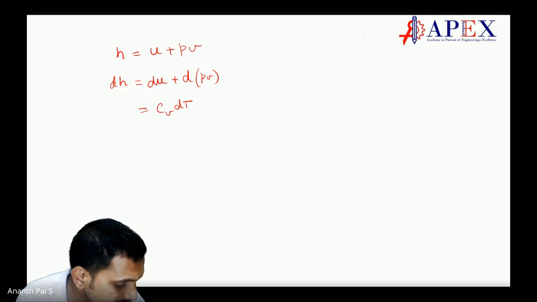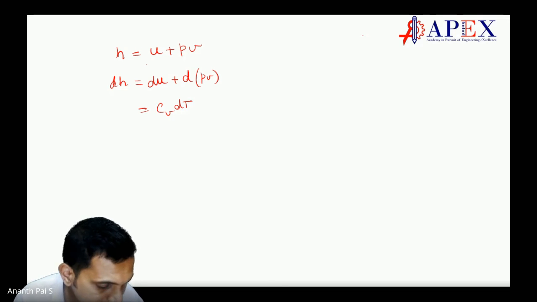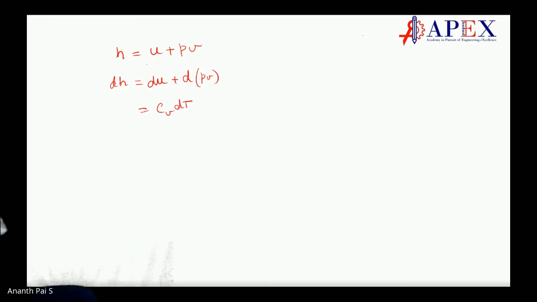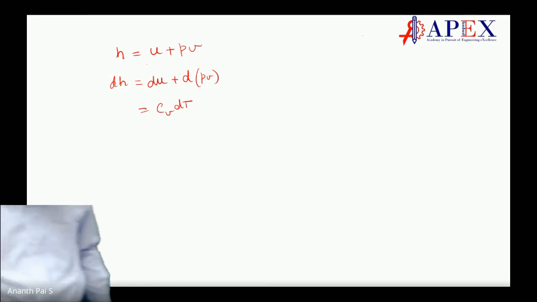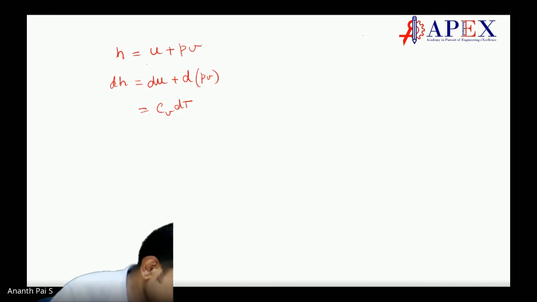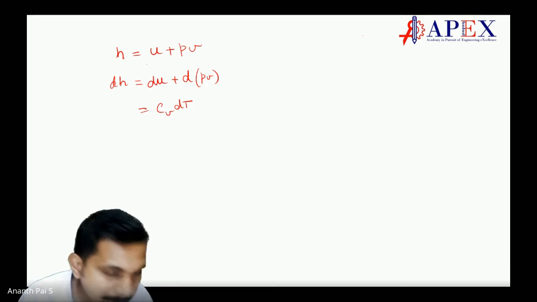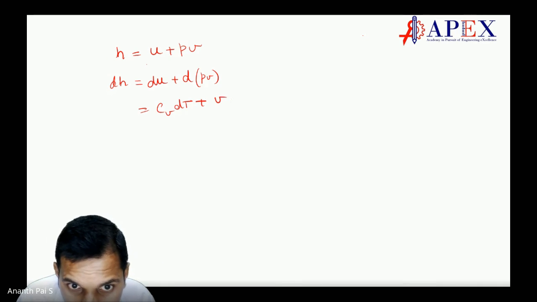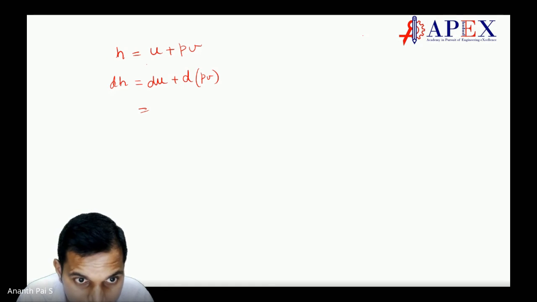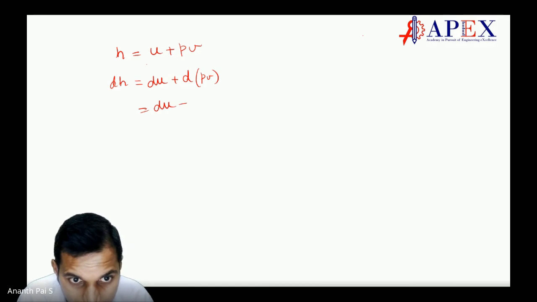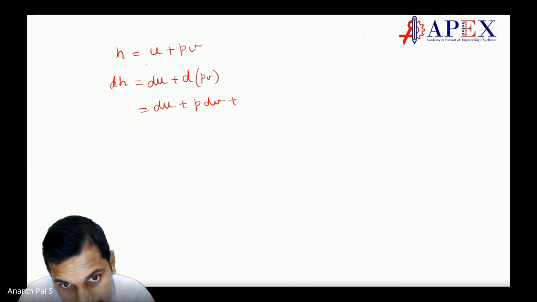Just a second, students. I can write Cv dT plus, I'm sorry, I can write dH as dU plus PdV plus VdP.